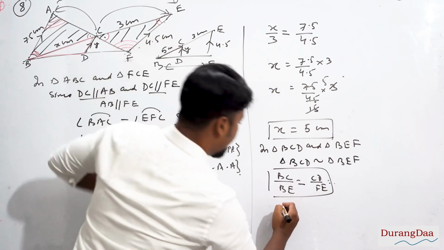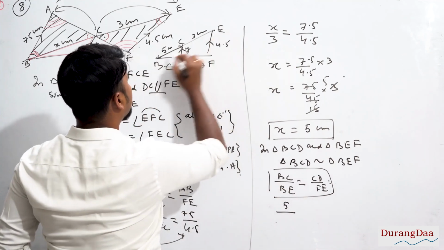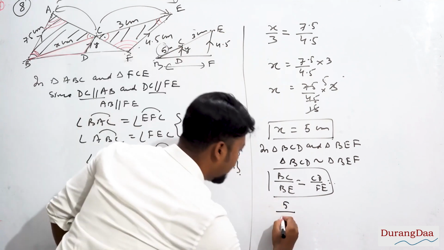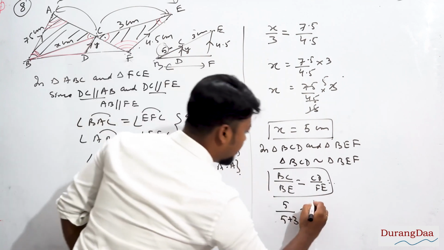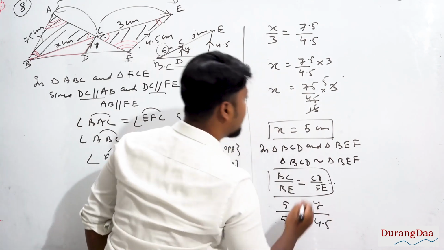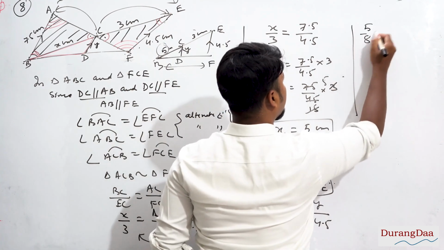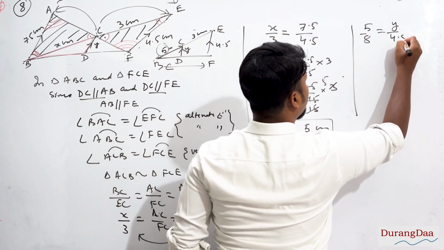Value of BC from here is 5. Value of BE, look carefully, BE is sum of 5 plus 3, full length. So that would be 5 plus 3 equals CD is Y and value of FE is 4.5. Let's solve it. This would be 5 by 8 equals Y by 4.5.